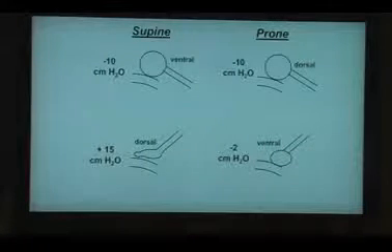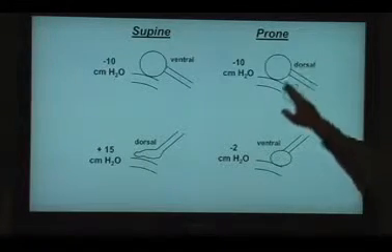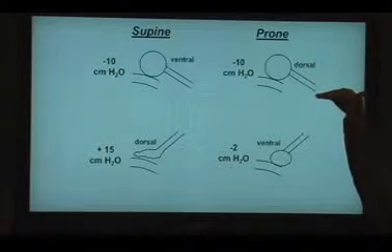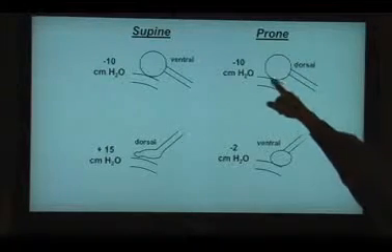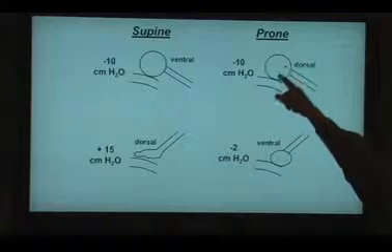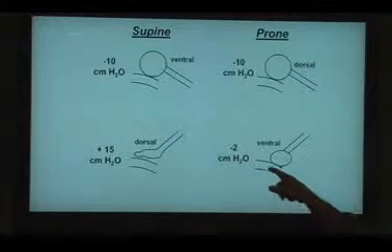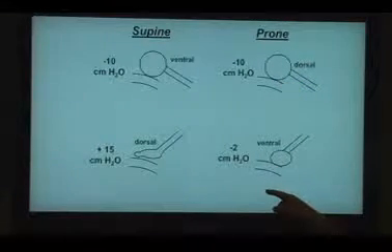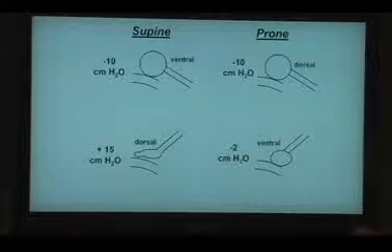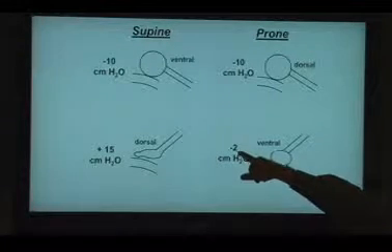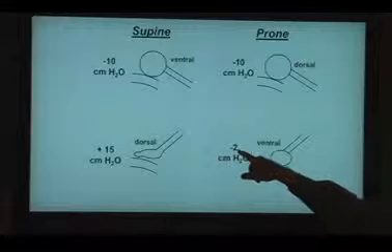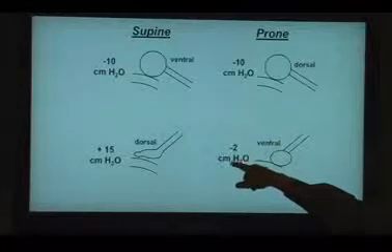And notice that now the dorsal lungs, which are the ones now on the top if you're prone, have a negative pressure of -10 in this case. But the ventral alveoli, which are the ones on the bottom when we're prone, have a less negative pressure, but it's still negative.